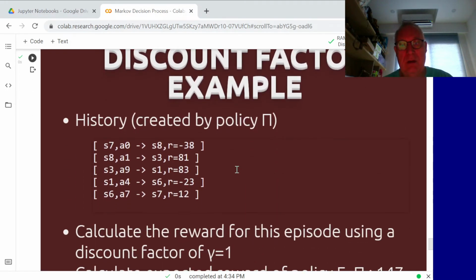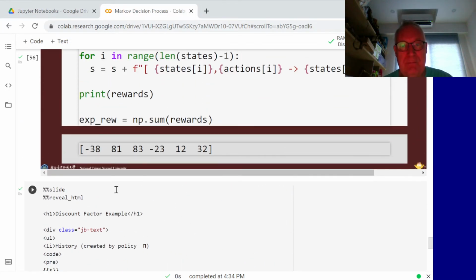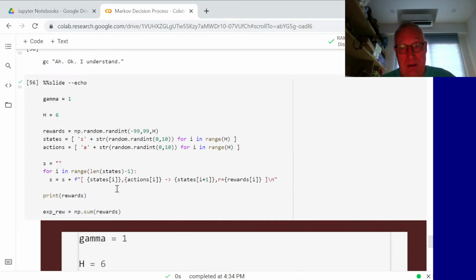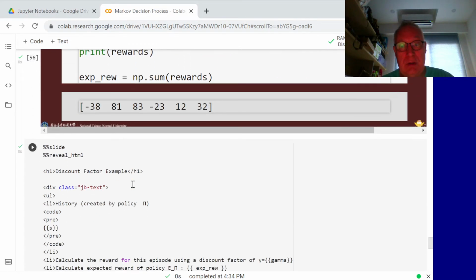Yeah, I got 147. Oh, because I generated a new sample here. I generated a new problem here, so the numbers will be different now.